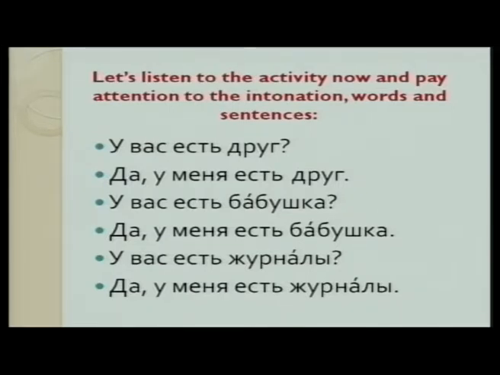If I answer да, у меня есть друг, yes, I have a friend. Accordingly, у меня means I have, у тебя you have, у него he has, у нее she has, у нас we have, у вас you have, and у них they have.